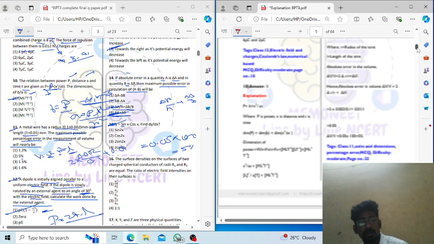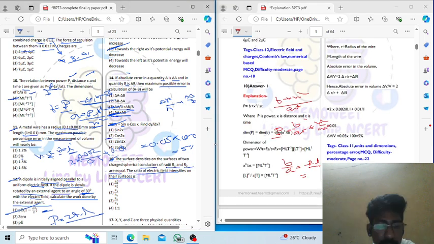Okay, the surface charge densities on the surface of two charged spherical conductors of radii r1 and r2 are equal. The ratio of the electric field intensities on their surface is? So, okay, these two are connected. In this question it is given that these two are connected.